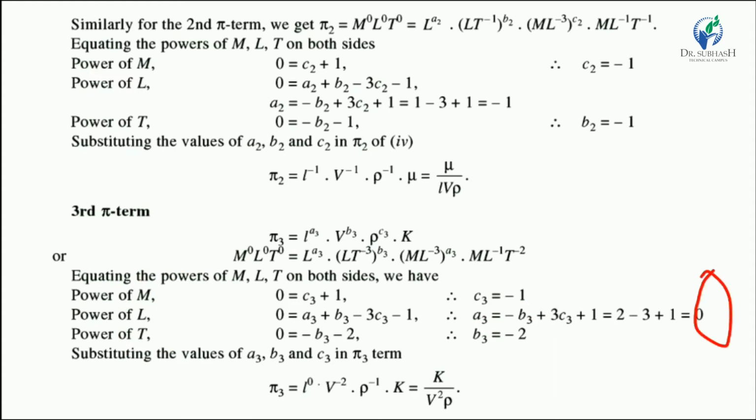A3 value is 0, B3 value is minus 2 and C3 value is minus 1. So here the L power is 0, the V power is B3, so minus 2, and the rho power is C3, which is minus 1. So the pi 3 term is k upon V square into rho.